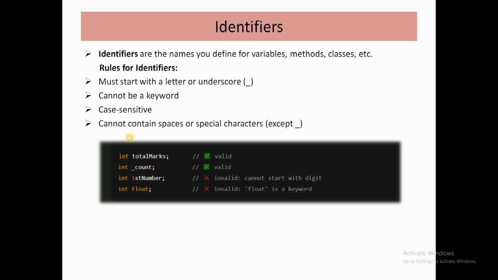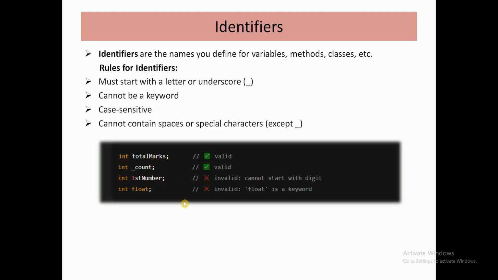It cannot contain spaces or special characters. We cannot put any space while declaring identifiers, like total marks. If we want to use this identifier, we have to use the same name because it is case sensitive, otherwise it will give us an error.